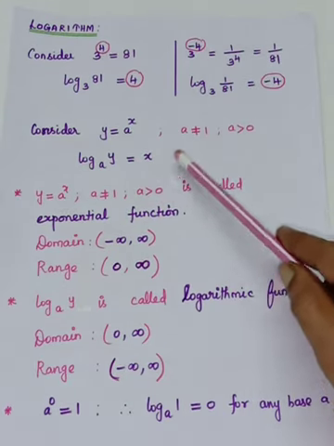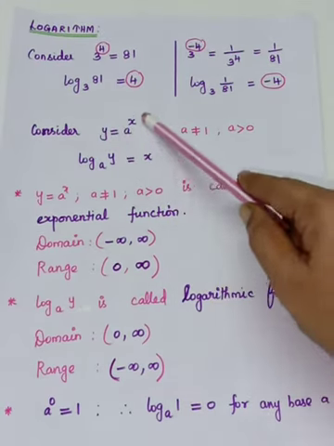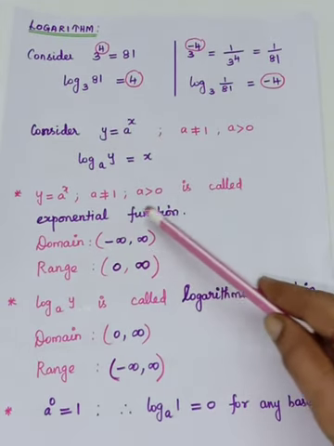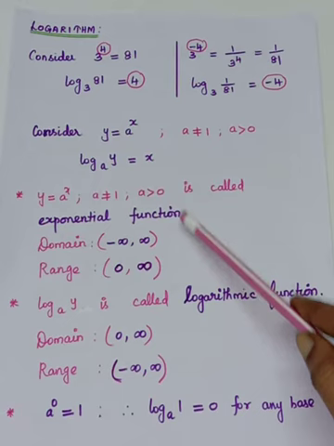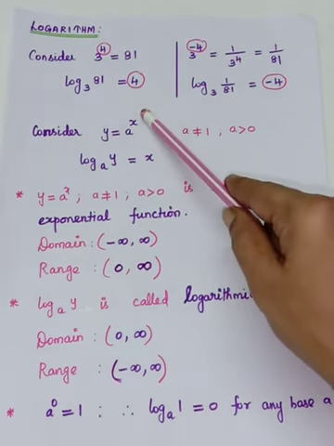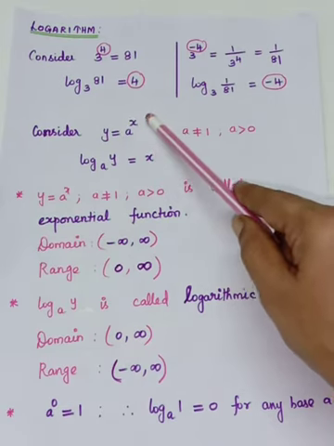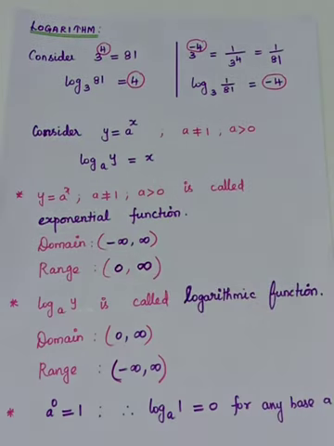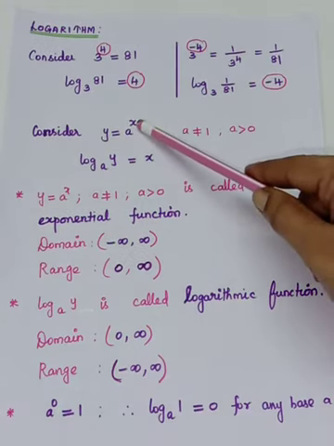Now this function is called the exponential function. Let us see the domain of the exponential function. What is the domain? It is the first element set, where the function lies, that is the x value.